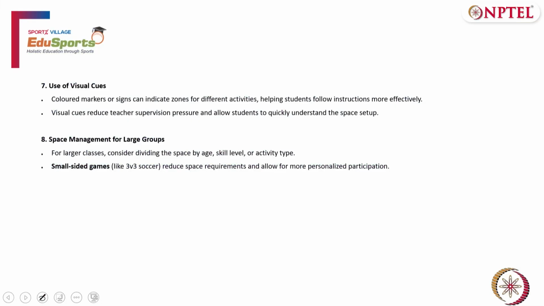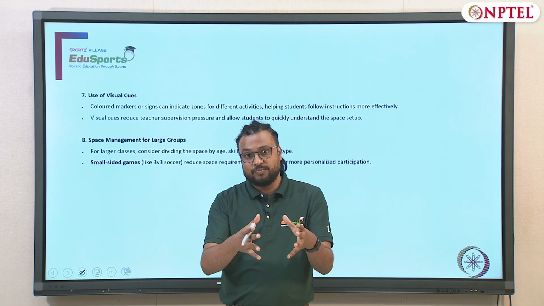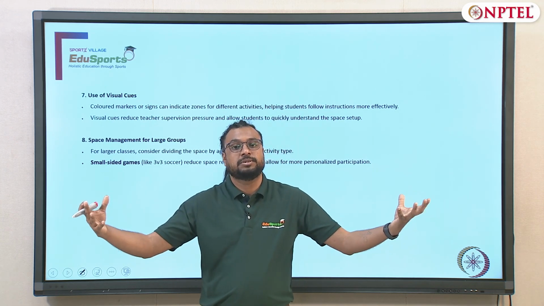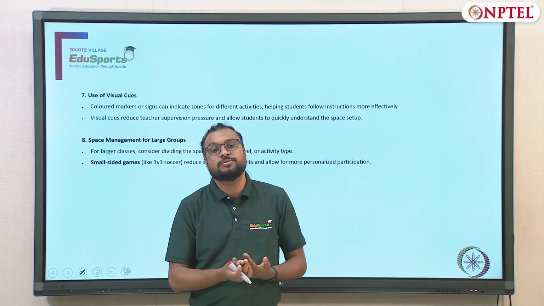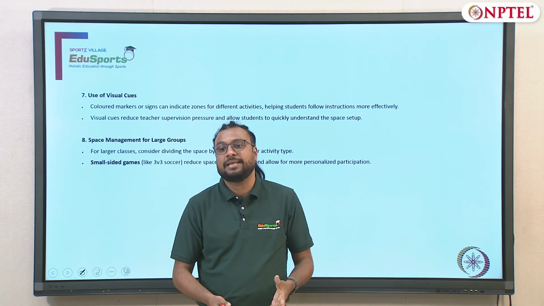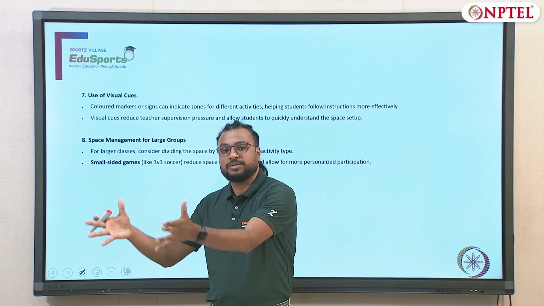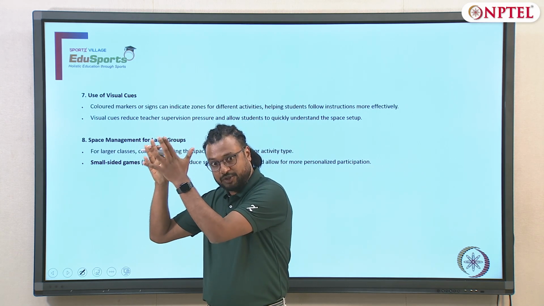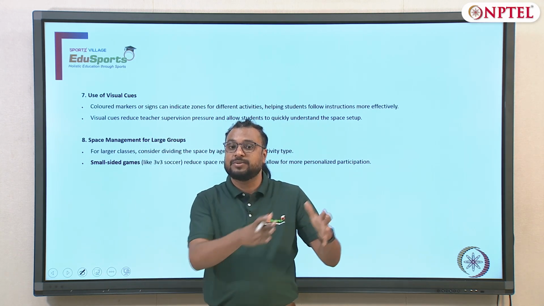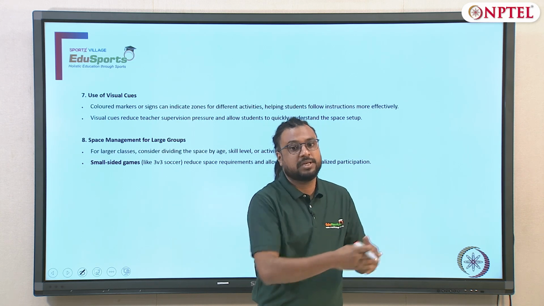Space management for large groups: like I mentioned earlier, if larger groups from different age groups come together, then again you create different play spaces where you put kids of the same age group on one side, and another age group on another side.